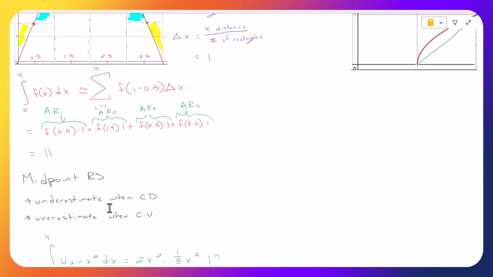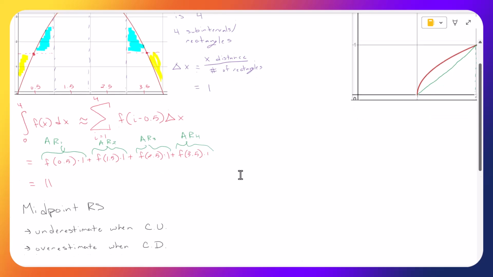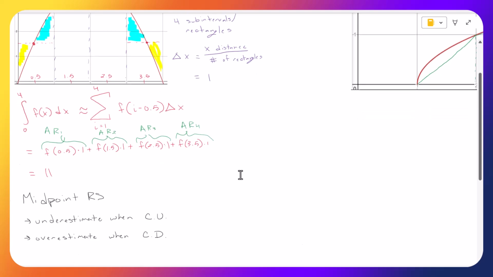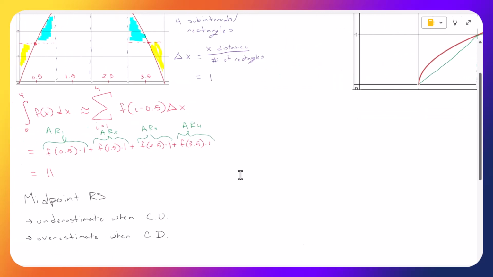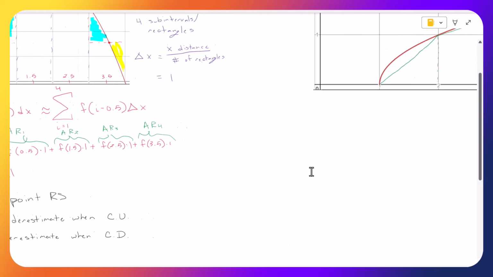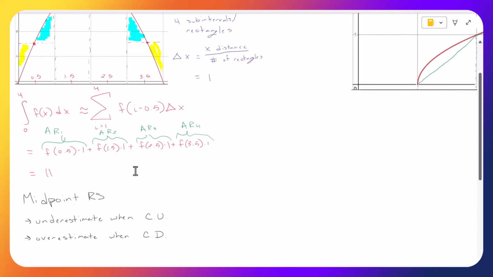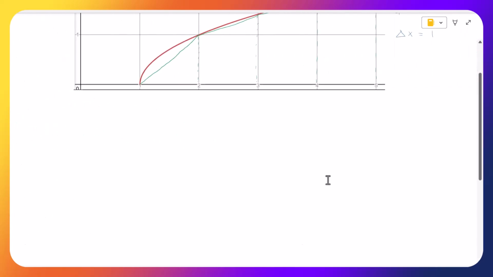The reason I realize this is because our midpoint Riemann sum has a similar error analysis to our trapezoidal sum. So, sorry, apologies for that. It's an underestimate when we're concave up and an overestimate when we're concave down, because if we look here, this function is concave up, and it's an underestimate, and that should be the same as our midpoint sum.